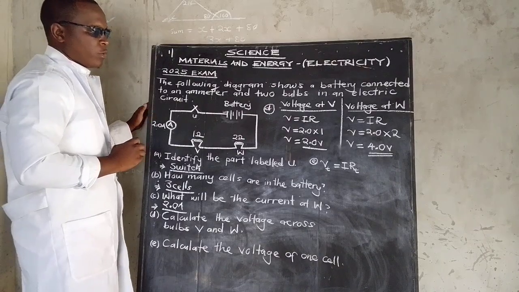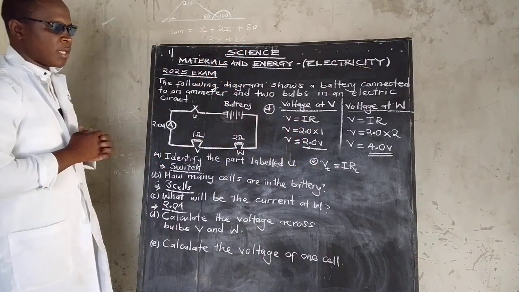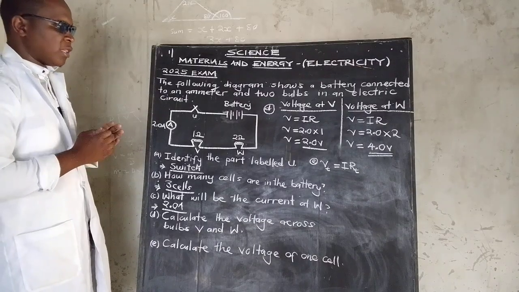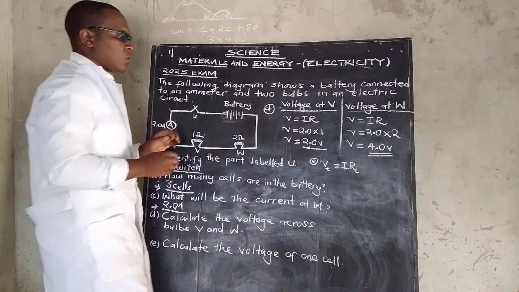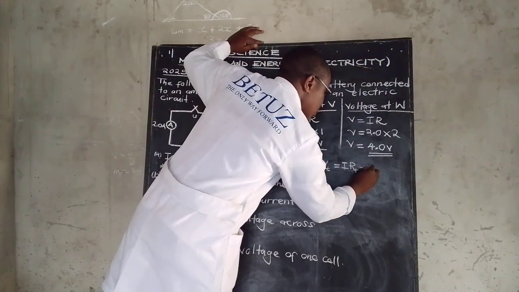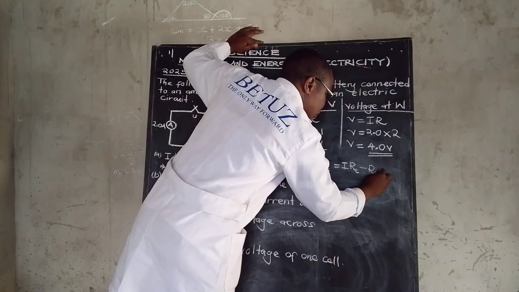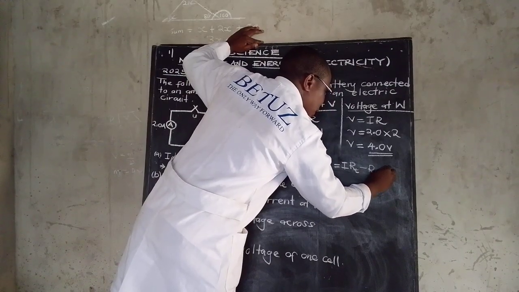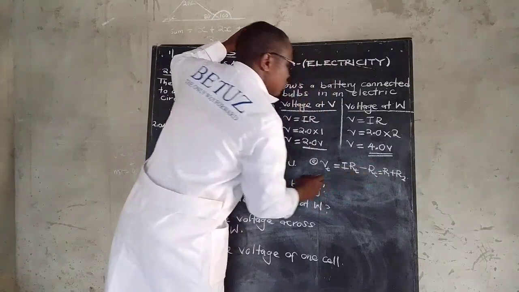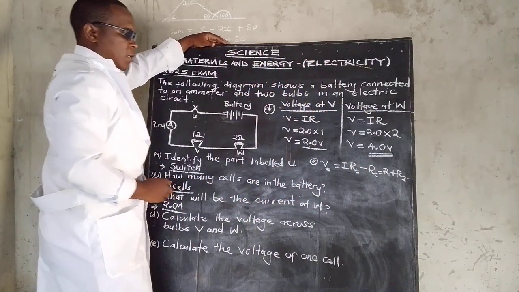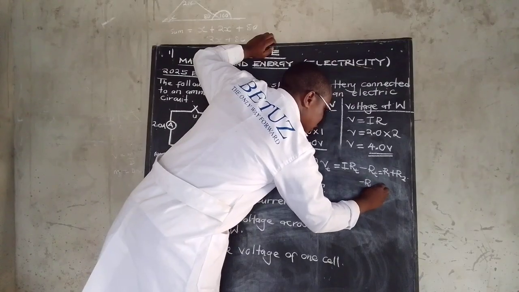Now we know the current is 2.0, but we don't know the total resistance. So we're going to find the total resistance for the 2 bulbs. So we know resistance total is equal to R1 plus R2. So resistance total is equal to R1.